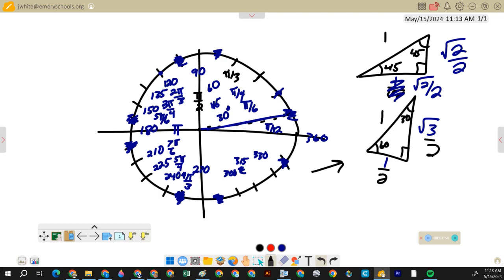Okay, and then we skip 17. 18 pi over 12 is 3 pi over 2.